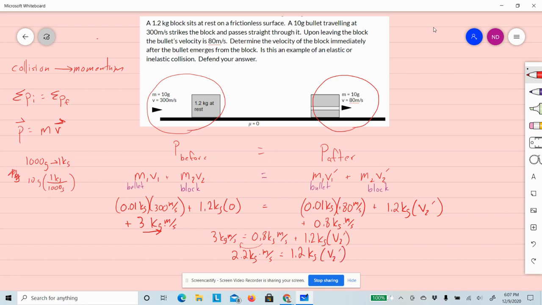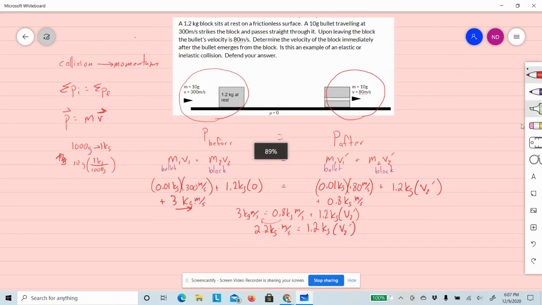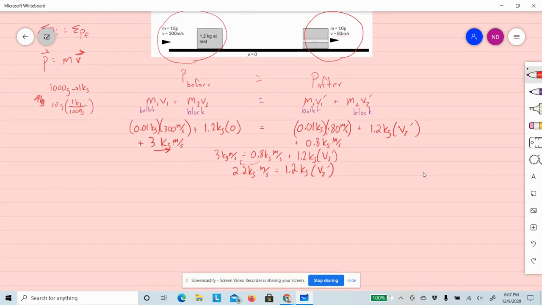Divide both sides by 1.2 kilograms, and we get 1.83 meters per second equals V2 prime. The new speed of the block is that.